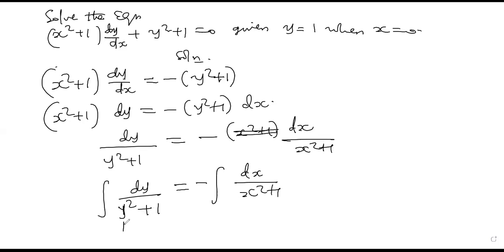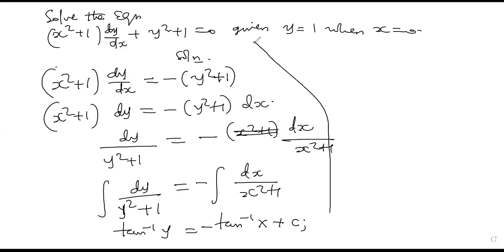So the integral is going to be tan inverse of y is equal to negative tan inverse of x, then plus a constant of integration. But they said y is 1 when x is 0. So when x is 0, y is 1.